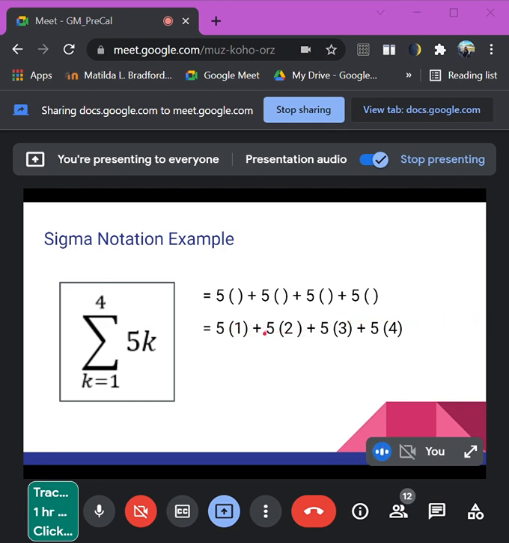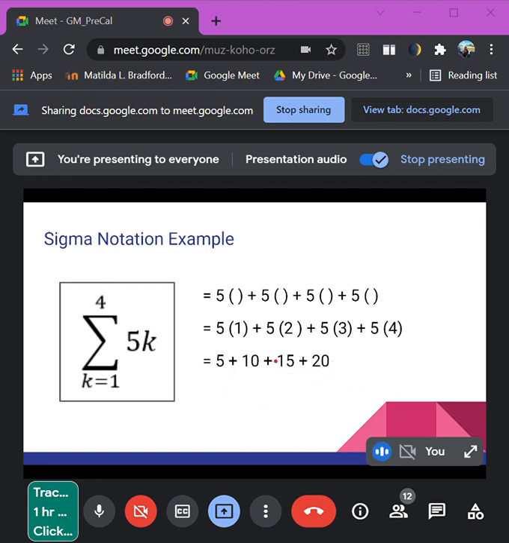And as you can see, plus is what we use because with sigma notation you are going to add up or sum up. Then you just simplify: 5 times 1, 5 times 2, 5 times 3, 5 times 4, and then add their results.